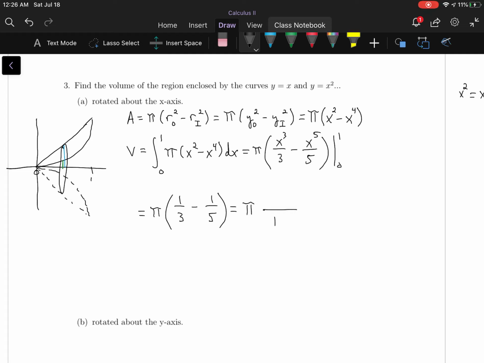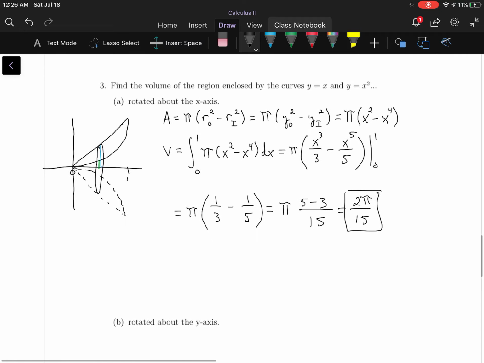And getting a common denominator, let's say of 15, we're going to have 5 minus 3, or 2 pi over 15. So that is the volume of the object that I sketched to the left.